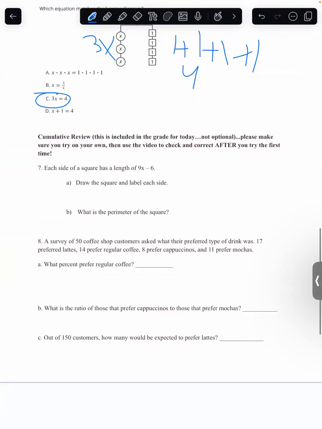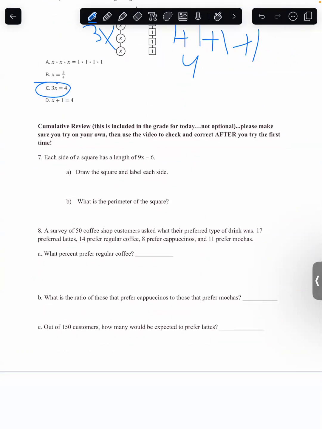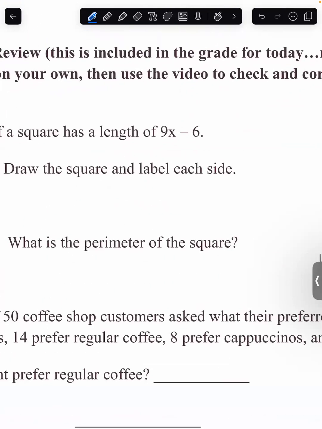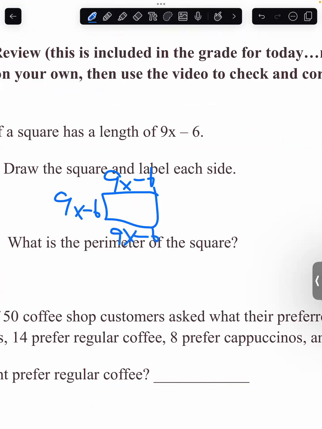Now, this is cumulative review, so some stuff from earlier in the year. Since I didn't have really the space to do a full weekly review, I have to start working some of this stuff in. So we're going to draw the square and label each side. Hopefully yours looks a little more square-ish than just rectangle like mine.